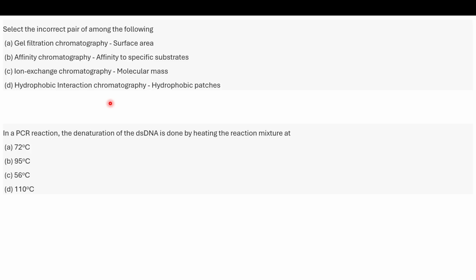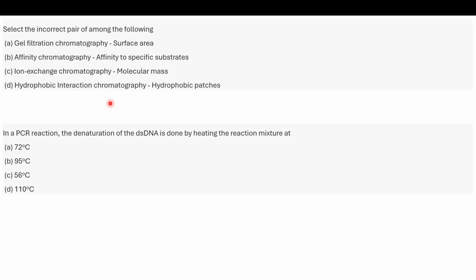Yes. So what does it actually depend upon? And how is the charge rendered to the molecule or protein rather?